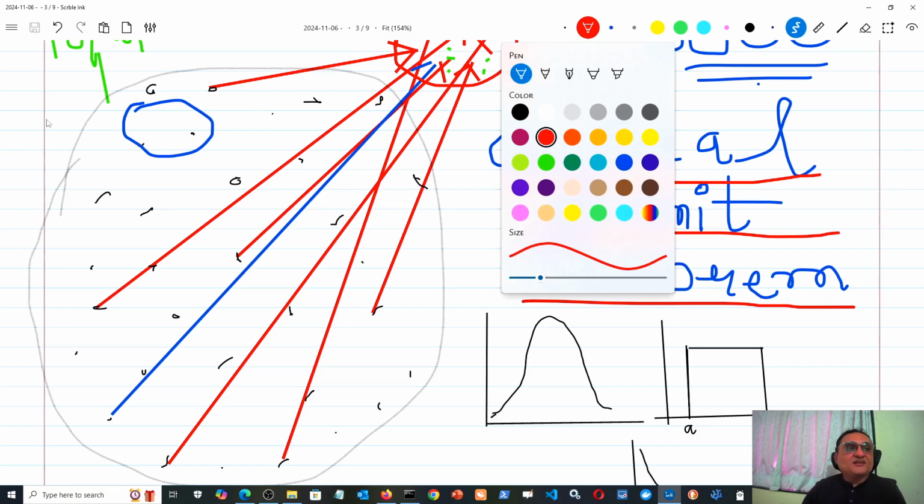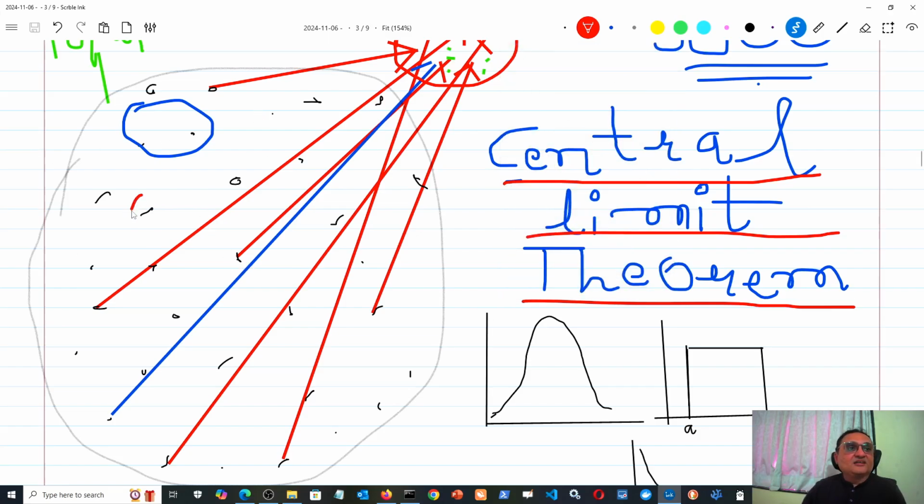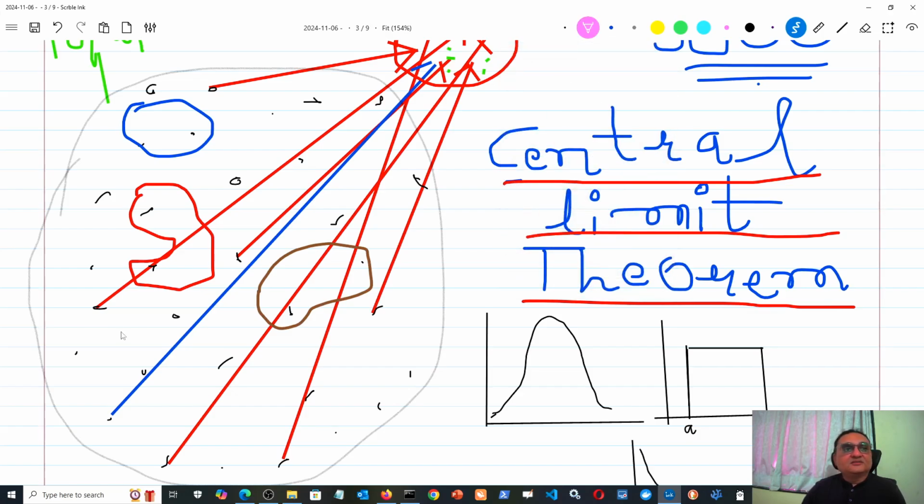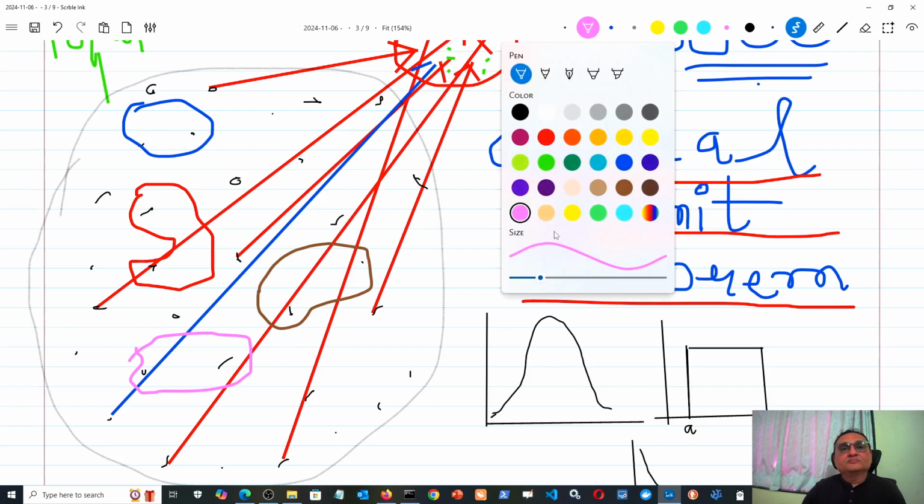Suppose I have taken one blue sample, now I am taking another, a red sample, and there are thousands and thousands of data points in each sample. Similarly, suppose I now take one brown sample, maybe another, and similarly another, maybe a yellow sample.